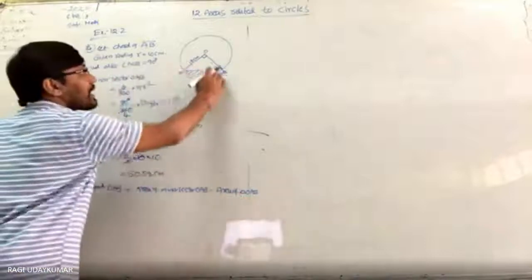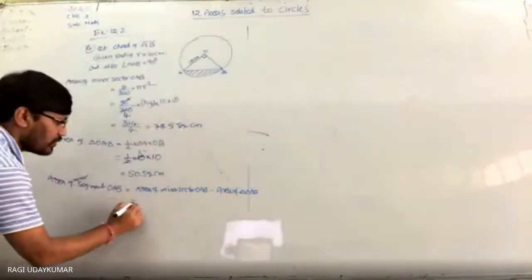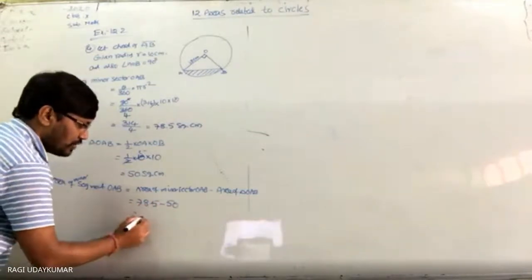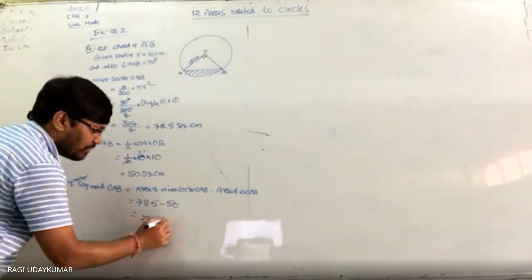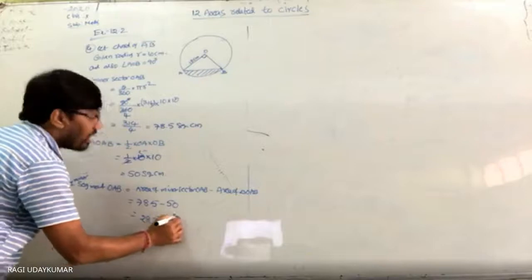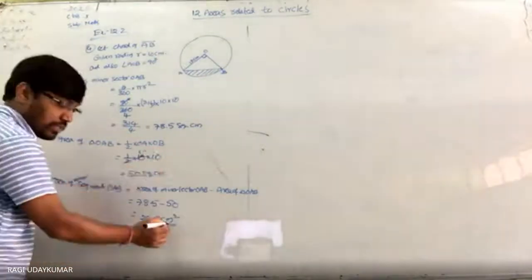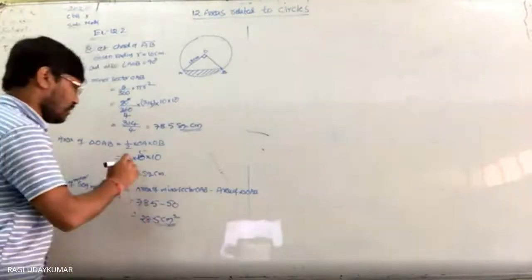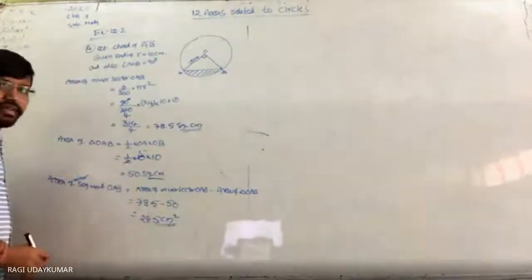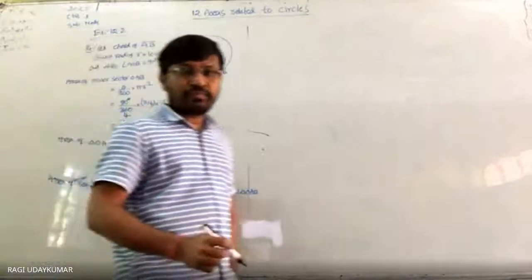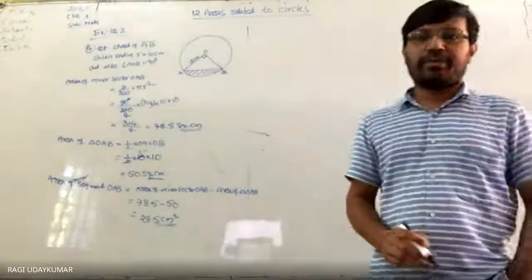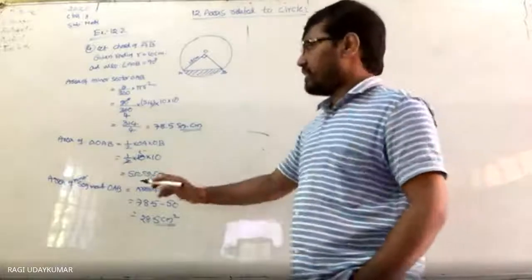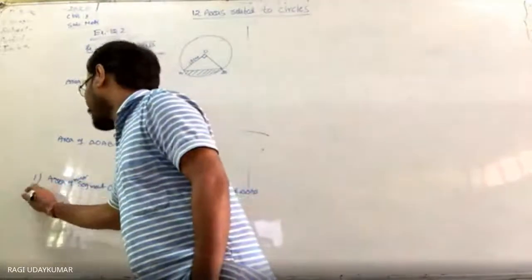So from the complete area, subtract the triangle area, which is equal to 78.5 minus 50. So which is equal to 28.5 square centimeters. Or centimeter square you can write, or square centimeter also, because it is area. So here also square centimeters. Okay? Is it clear to you? समझ में आया?